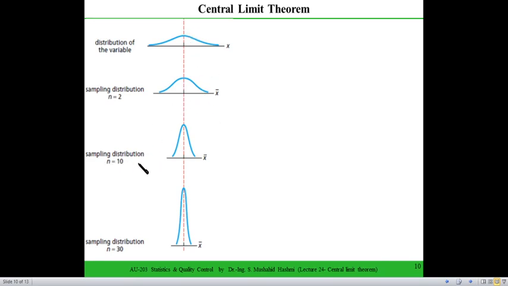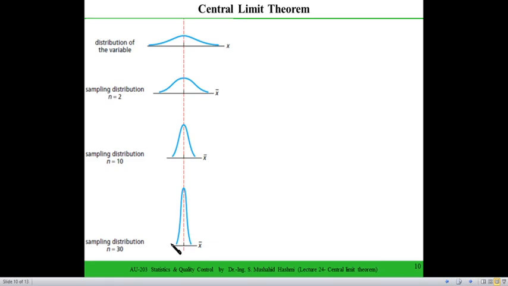If you increase the sample size, you are decreasing the variance, and the mean remains the same for the population as well as for the sample means. So for a sample size of 10, the distribution lies at the same place and its variance is decreasing. Further increasing the sample size results in smaller variance with the same mean as the population mean.